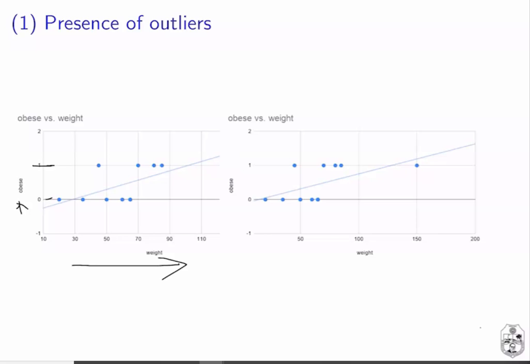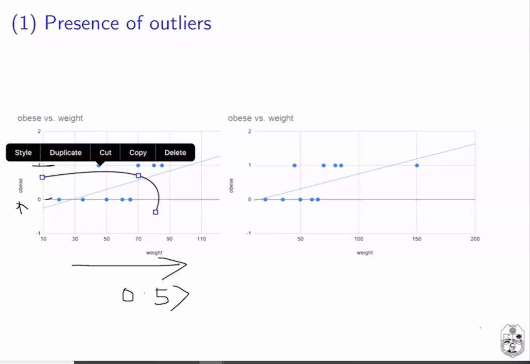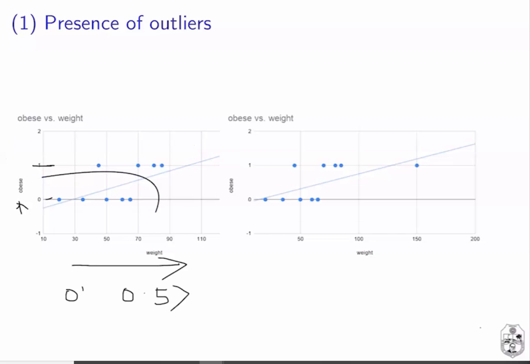We can plot a regression plot like this and check whether the predicted value is greater than 0.5. Suppose the value is 0.6, which is greater than 0.5, then we can classify that person as obese.